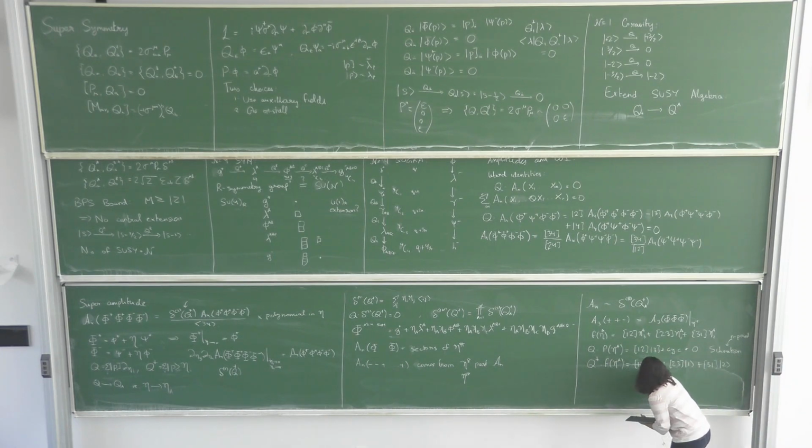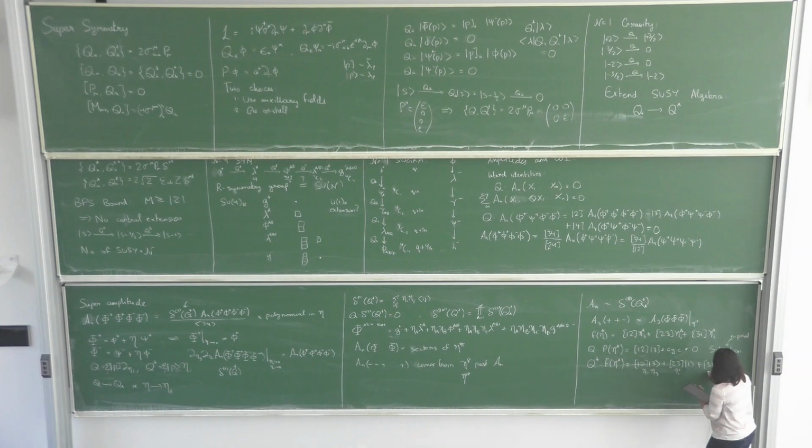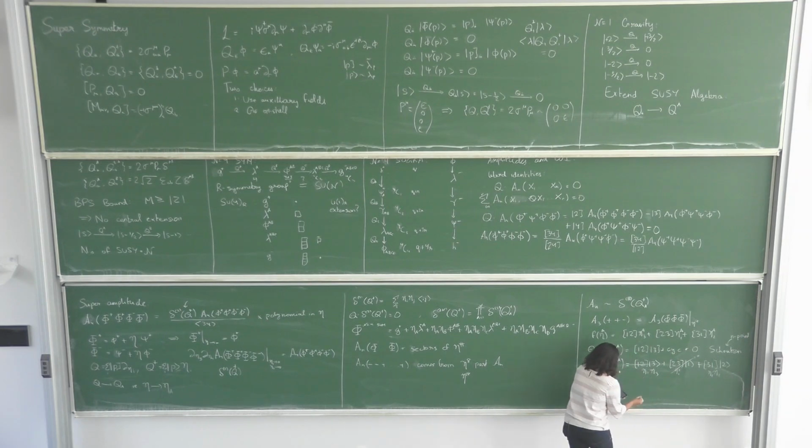So each of these comes with etas. Eta 1, eta 3. This becomes eta 1 square, I believe, and this becomes eta 1, eta 2. Okay, so this goes to 0. You're left with this, and this vanishes.